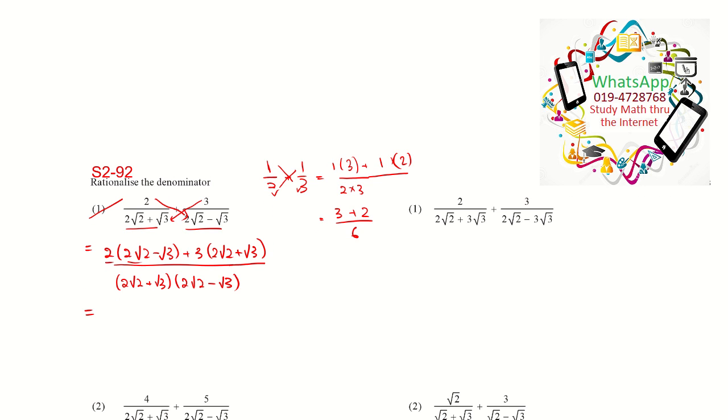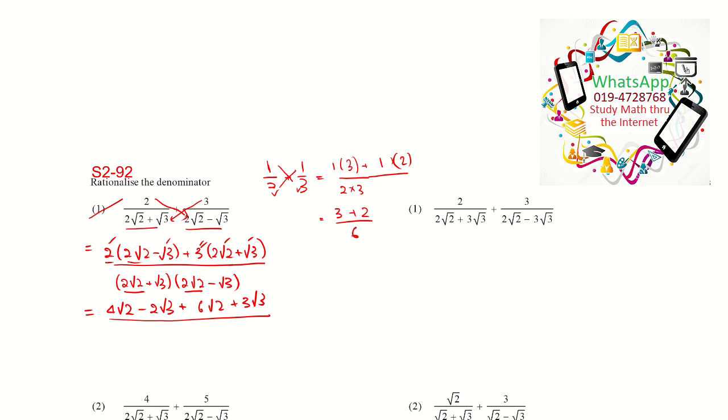Okay, this times this, you get 4 root 2. All right, 2 times root 3 minus 2 root 3 plus 3 times 2 root 2, you get 6 root 2. 3 times root 3, you get plus 3 root 3. Okay, the denominator, this times this, right?